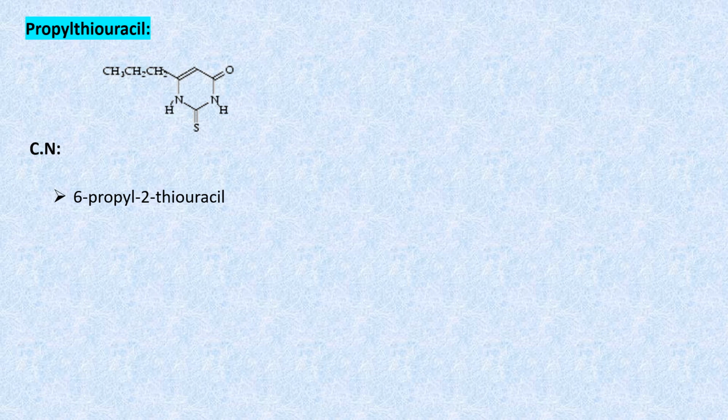Or, second way, instead of considering the basic parent skeleton of thiouracil, I can consider pyrimidine also. If I consider pyrimidine, first give the numbering to the structure of pyrimidine. Then as per the nomenclature rules, write down.